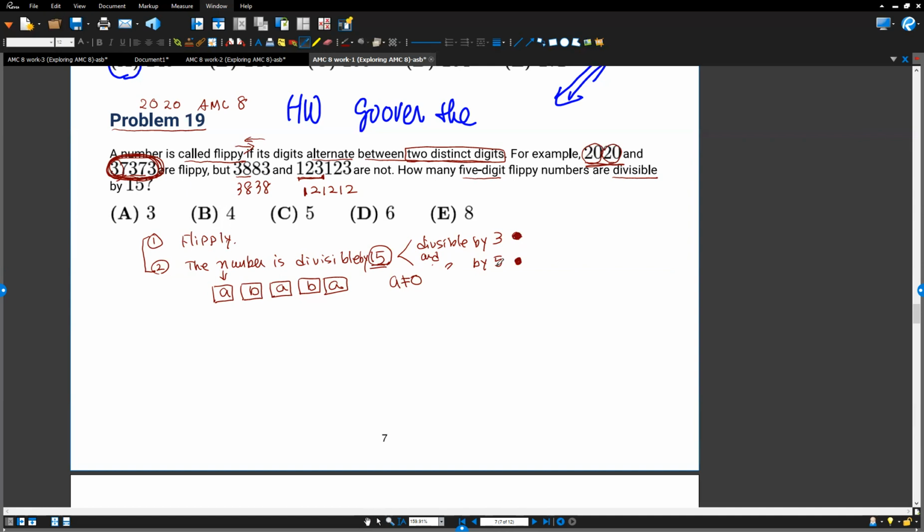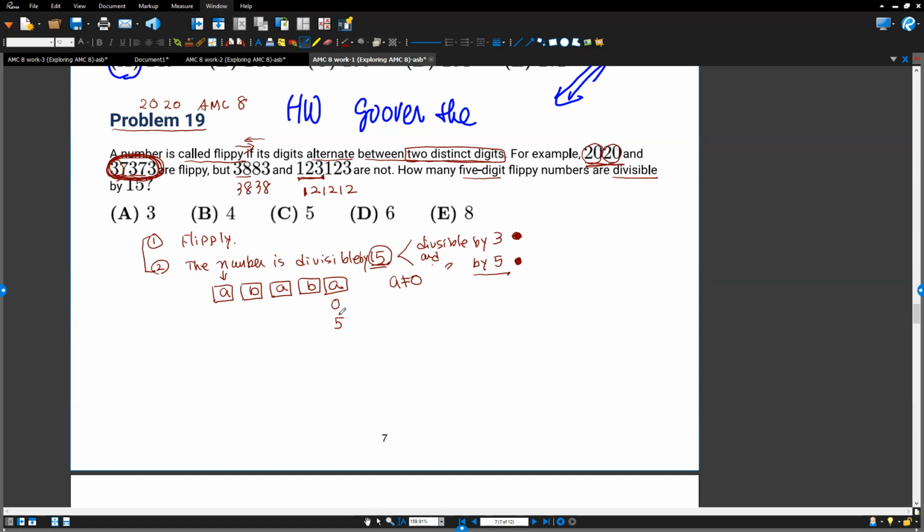Divisible by 5 first. What is divisible by 5? The last digit should be 0 or 5. This digit can be 0 or 5, right? That is divisible by 5.